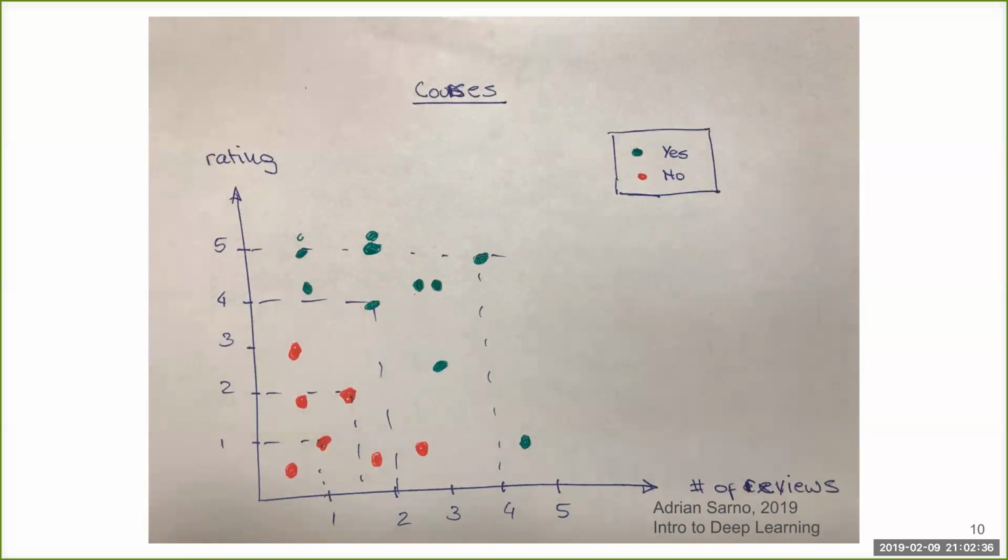So, to understand how we can model this problem, let's plot each example in a graph with the two input variables as axes, and let's use color to distinguish the classes, where red means no and green means yes.